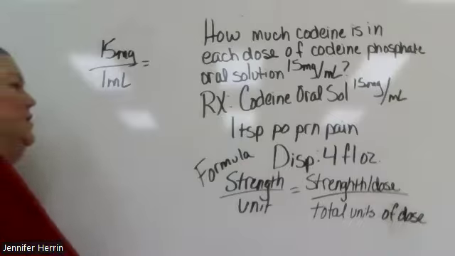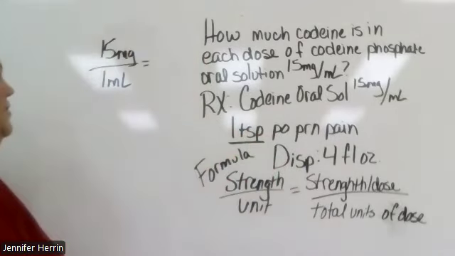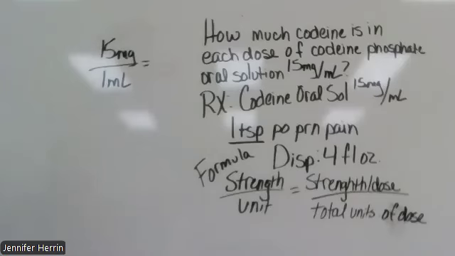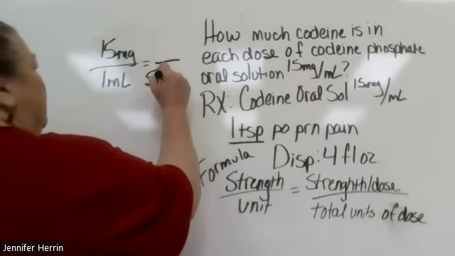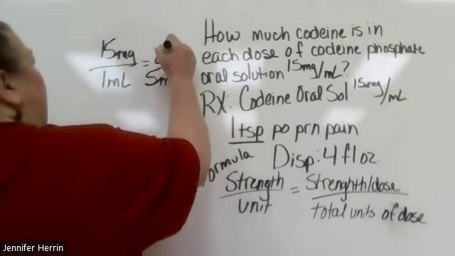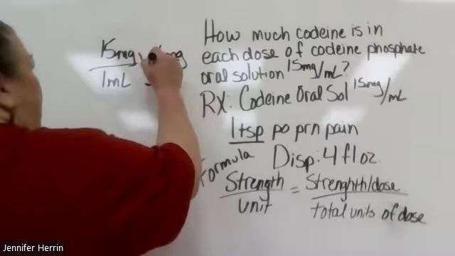So in this case, the dose is 1 teaspoon, which is equivalent to how many milliliters? 5 ml. And we're looking for how many milligrams are in that dose. So we're going to cross multiply 15 times 5.